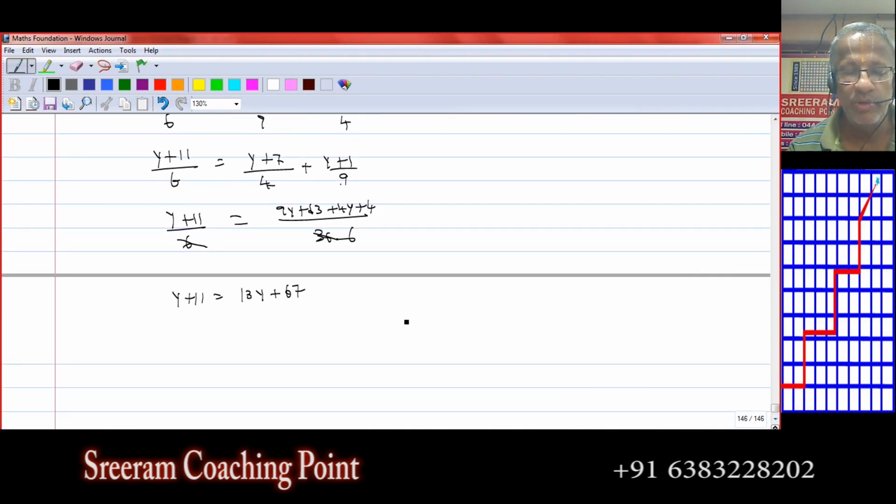So I would like to take this 11 to the other side. 11 to this side, and it is 12y plus 56. So minus 56, and here it is 12y.